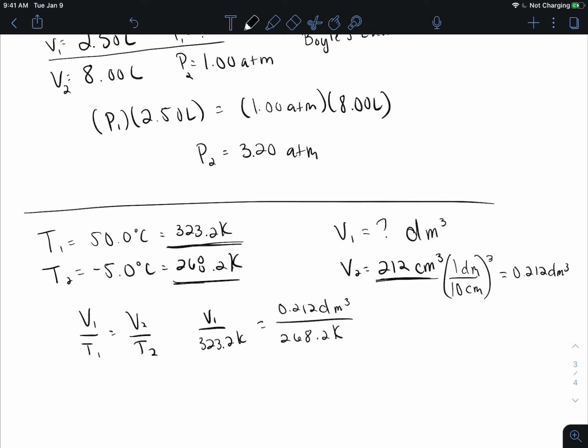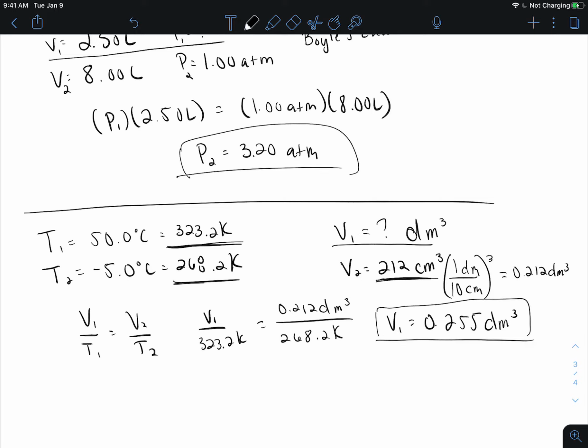Here, we have a higher temperature, so we should have a higher volume. So when we solve for our V1, doing just simple math, we get 0.255 decimeters cubed. And hopefully that is what you would expect to happen. You would expect it to go up in volume because it is a higher temperature for our unknown.